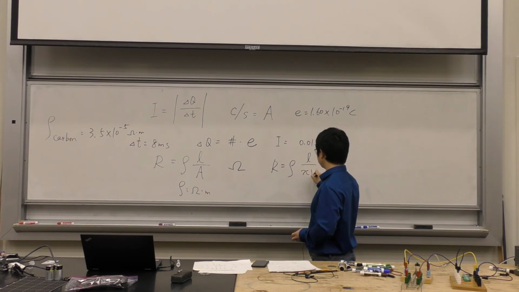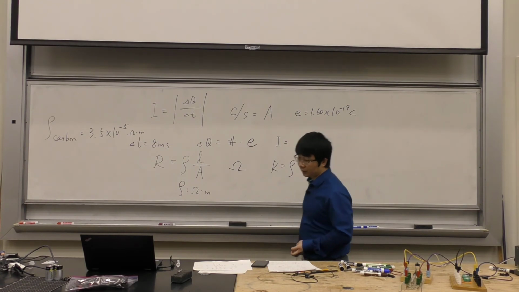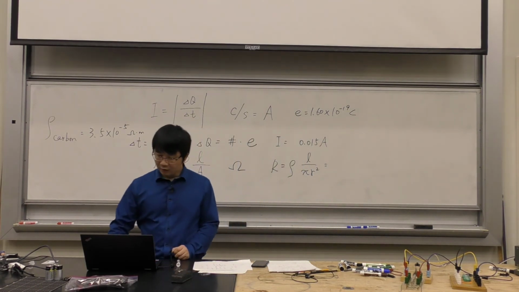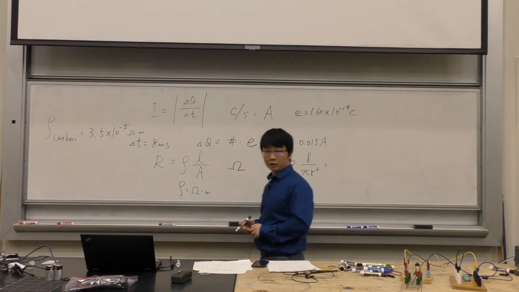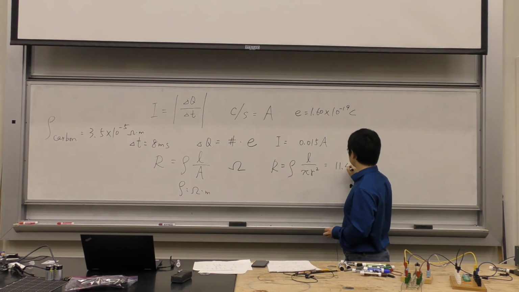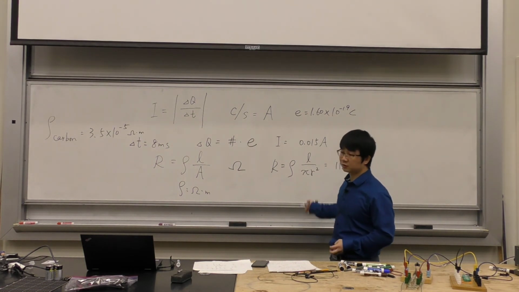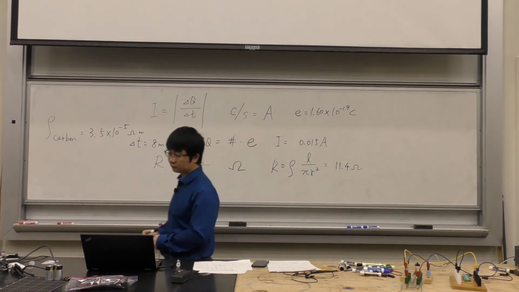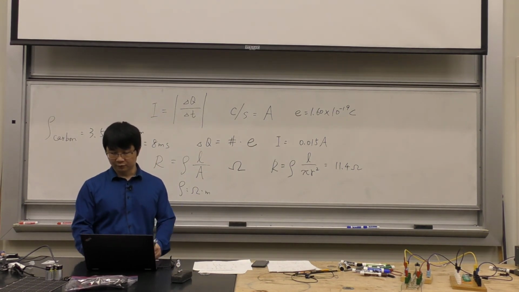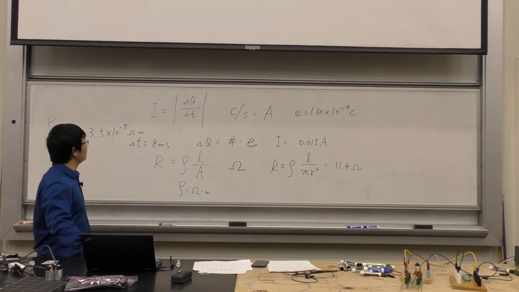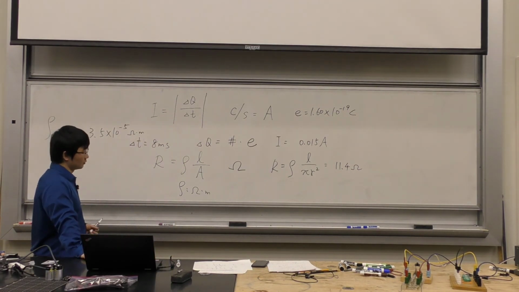This is pi r squared. The answer I got is 11.4 ohms. What is the answer you got? Remember to divide the diameter by 2 to get the radius. So that's the typical value for pencil lead. All right, so that's the resistance.